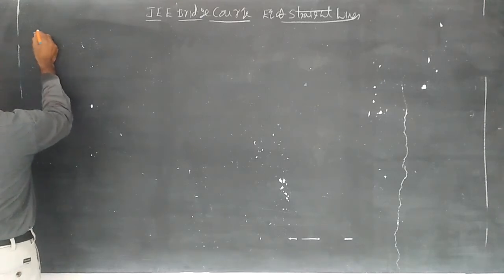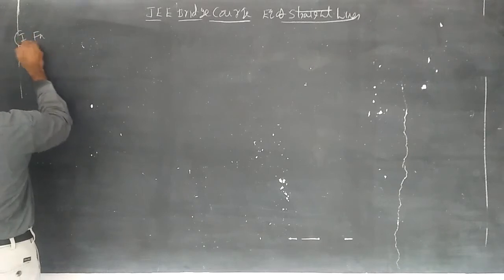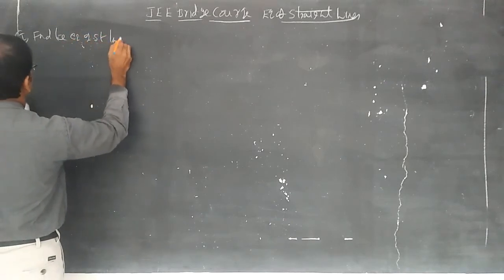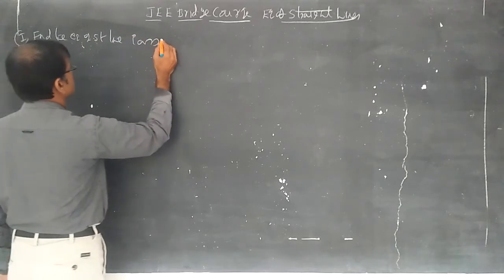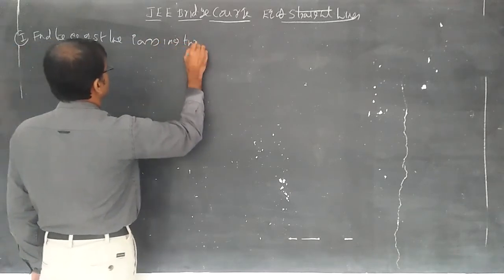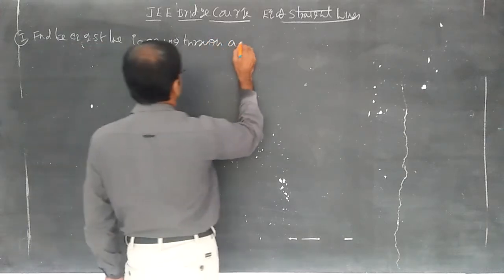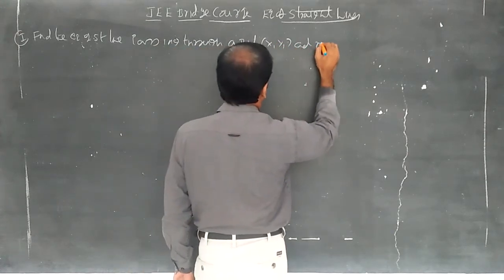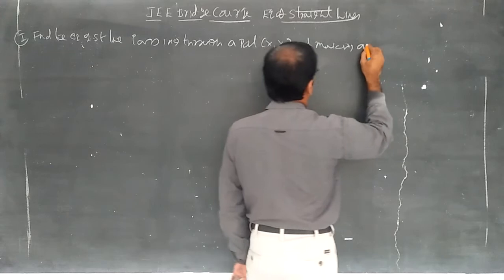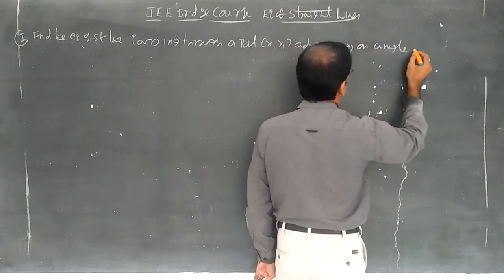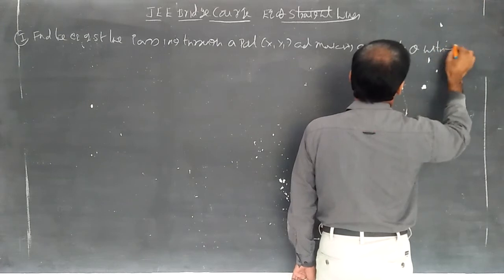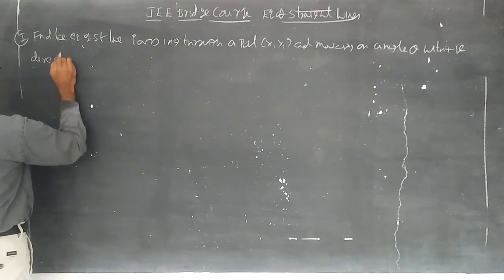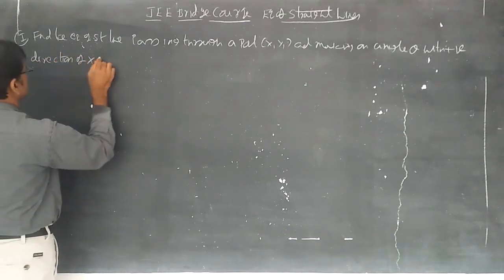The first question today: find the equation of straight line passing through a point x1, y1 and making an angle theta with positive direction of x-axis.